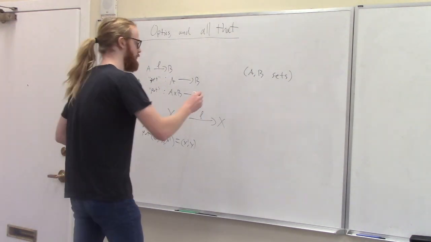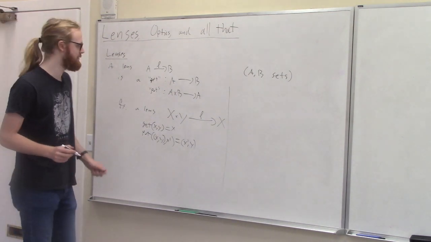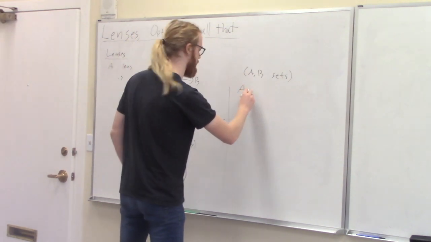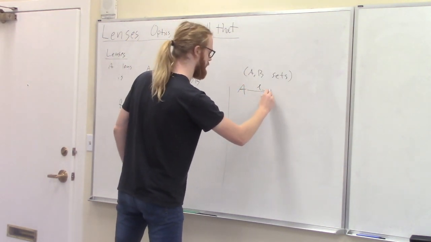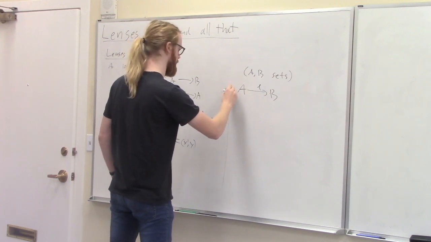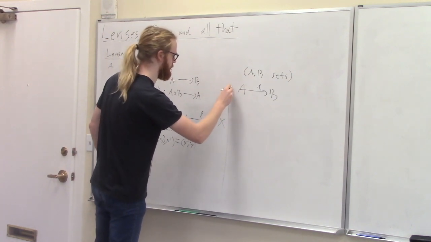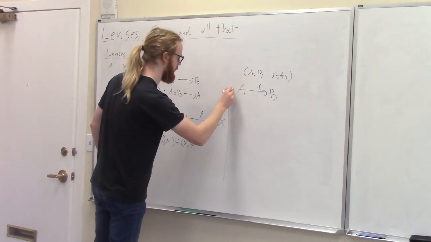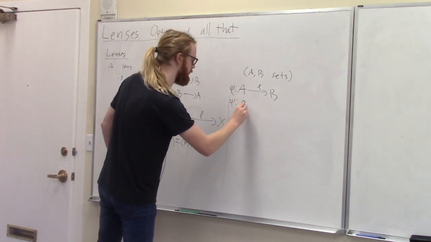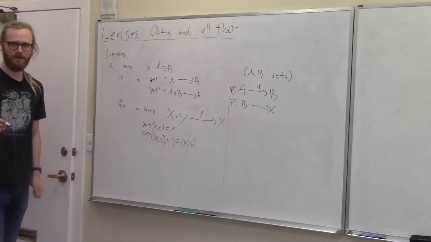And so there's tons of neat things about these. One of the neat things about these is that you can compose them. So if I have two lenses, let's call this one phi from A to B and psi from B to C, then how do I compose them?